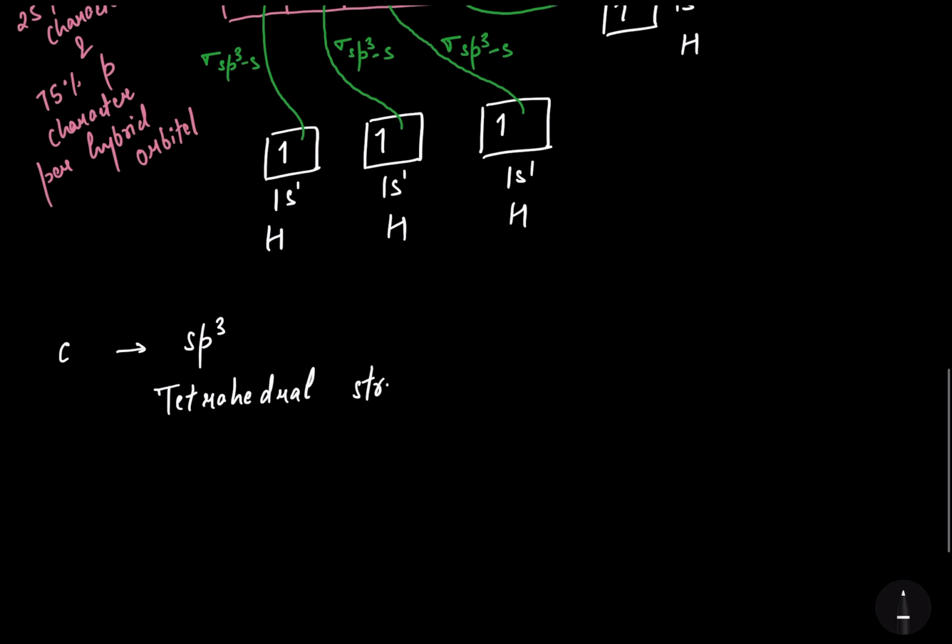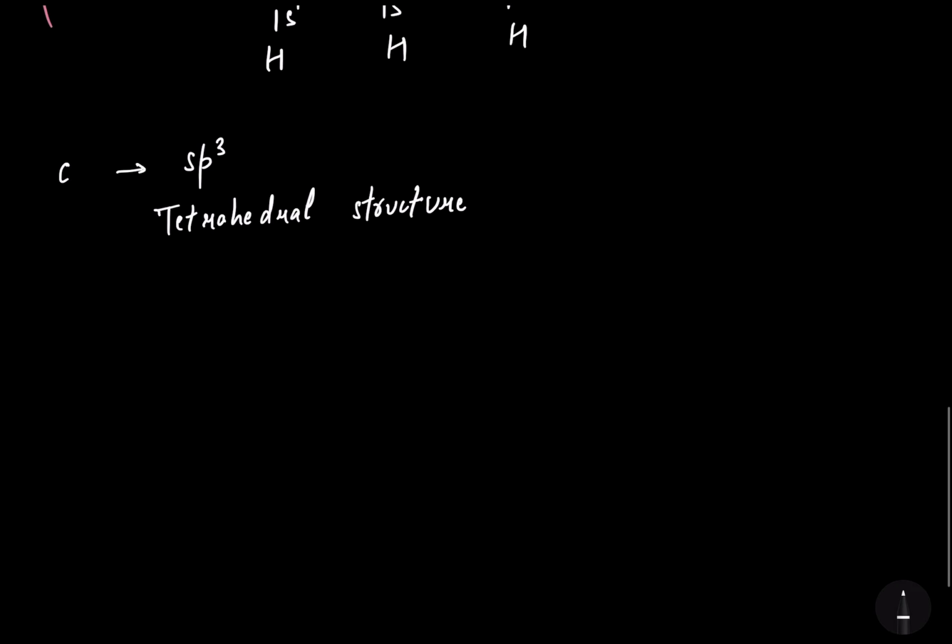You have to understand this structure in 3 dimensions. That's the central carbon over here. So that's the first hydrogen. That's the second hydrogen. Now these two bonds are on screen. Please try to understand. These two bonds are on screen.